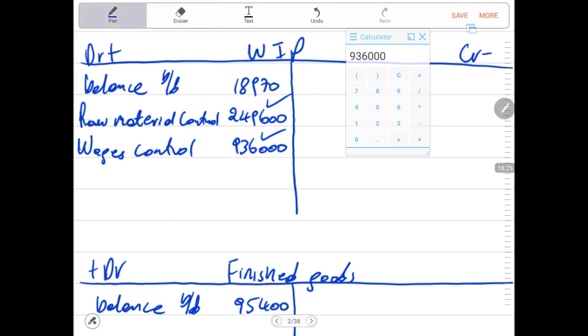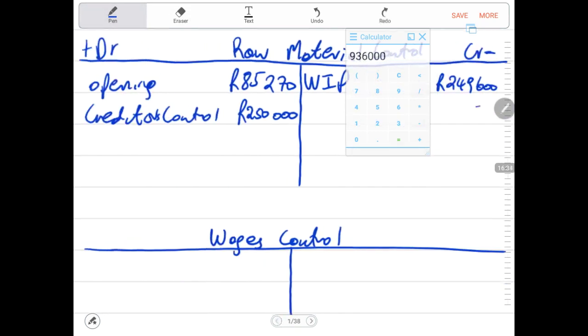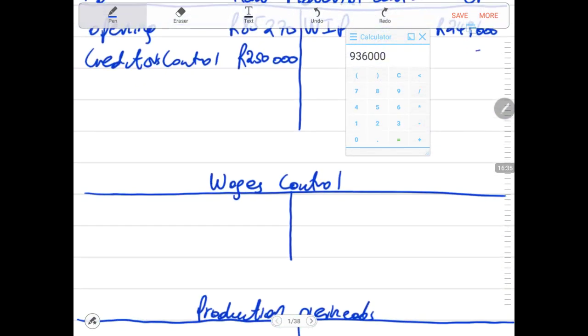So now we have recorded this on the debit side, meaning it must go to the credit side of the wages control account. Under our wages control account, we then need to record the amount of 936,000 rands, and the contra entry will be work in progress.